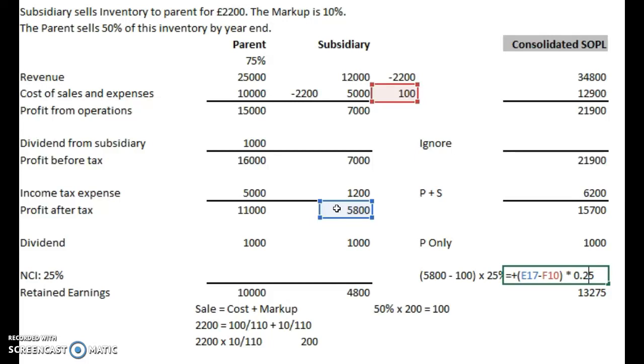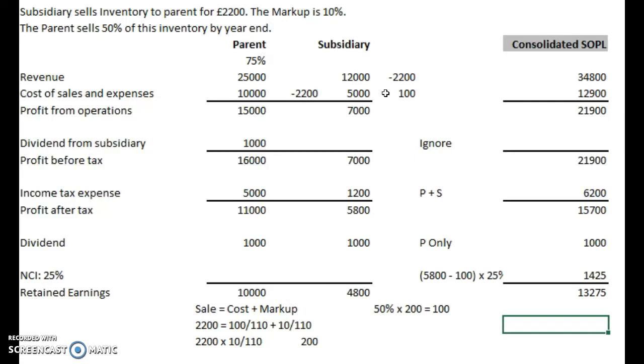It's its share of the profit after tax, and it also has to reduce that amount by the PUP, the unrealized profit for the year. And there we are. So that is a consolidated statement of profit and loss with an NCI using markup, with the subsidiary making the sale this time.